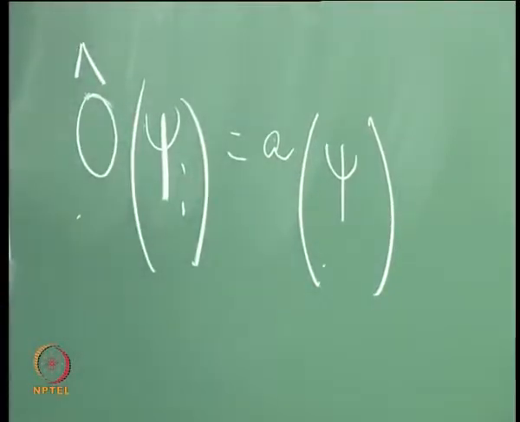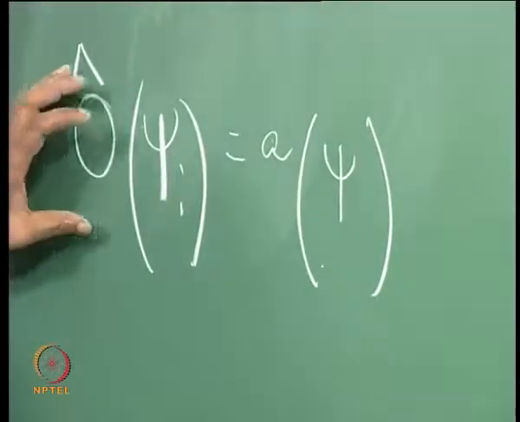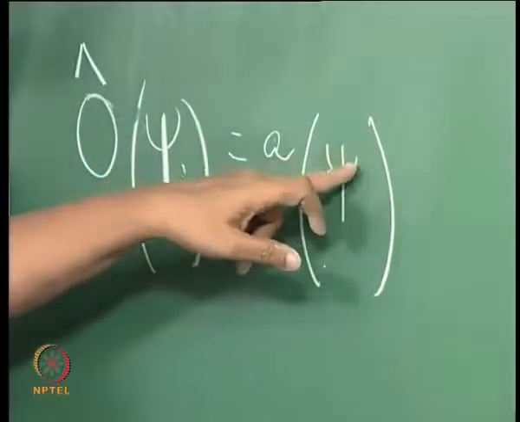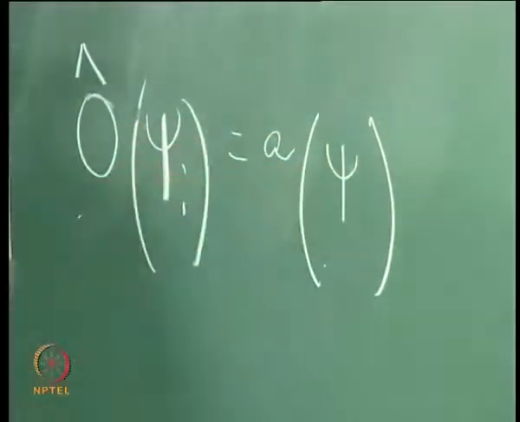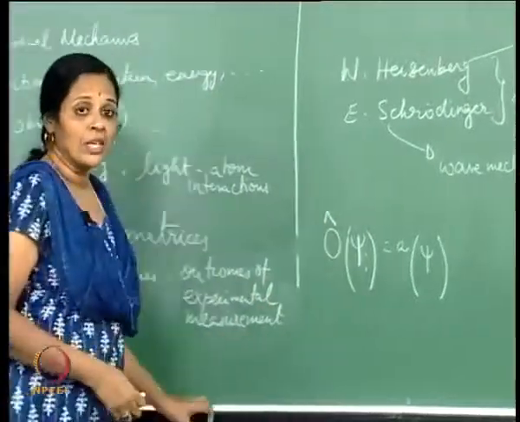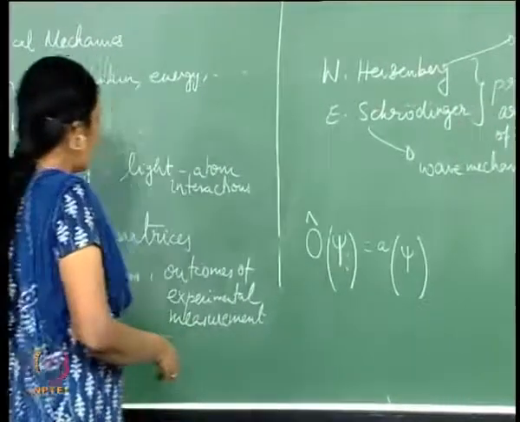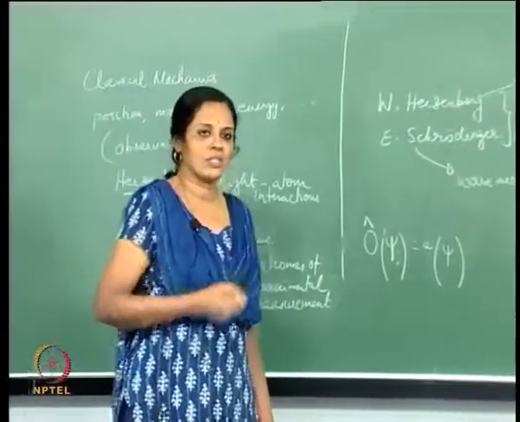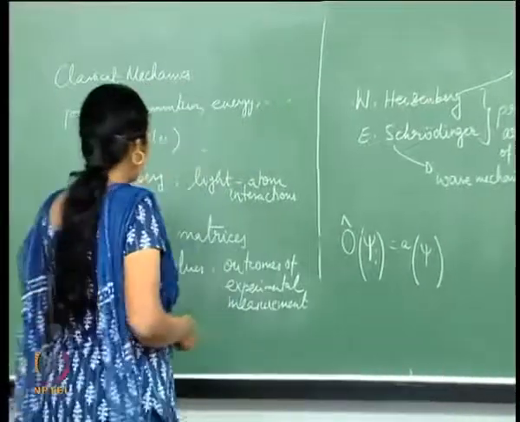This is a typical eigenvalue equation where a matrix acts on a column vector or eigenvector, and you have a number with the same eigenvector on that side. If I diagonalize the matrix, the diagonal elements would be the eigenvalues, and the outcome of the experimental measurement would be one of this set of eigenvalues.